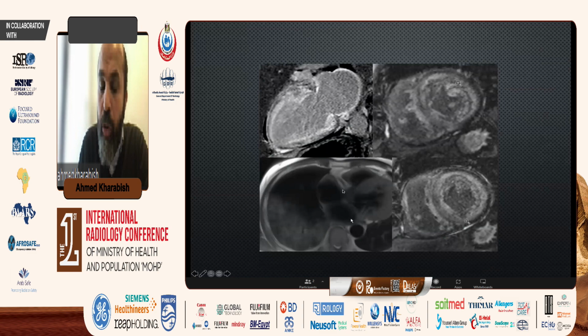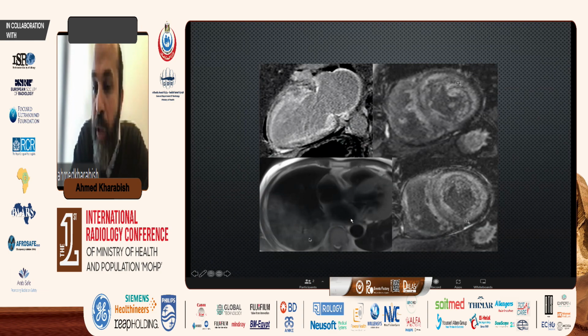Many cases of amyloid might present with heart failure. For example, in this case, these are HASTE axial images showing pulmonary edema. Sometimes pleural effusion and pericardial effusion might be seen also in those cases.